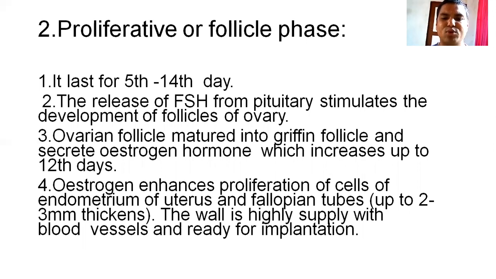Estrogen enhances the proliferation of the cells of the endometrium of the uterus up to 2 to 3 mm thickness. The wall is highly supplied with blood vessels and ready for implantation. That means the ovum is ready to implant. If it gets fusion with the sperm, there will be formation of the zygote. Otherwise, it will burst or be released out.